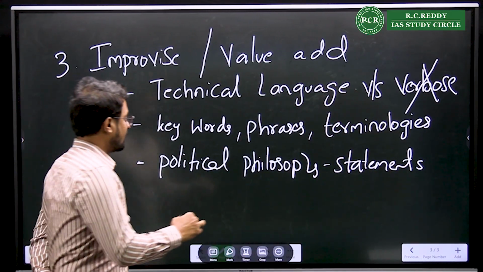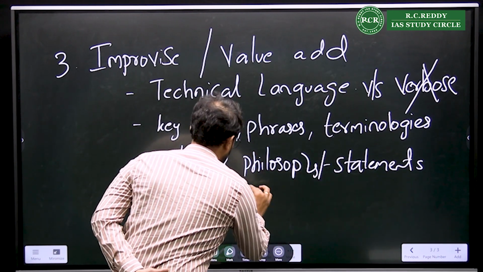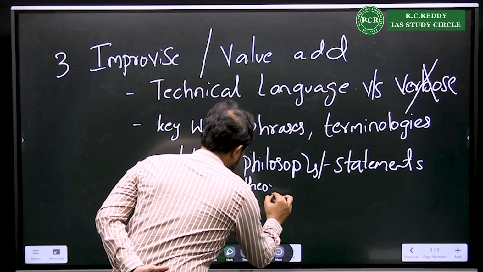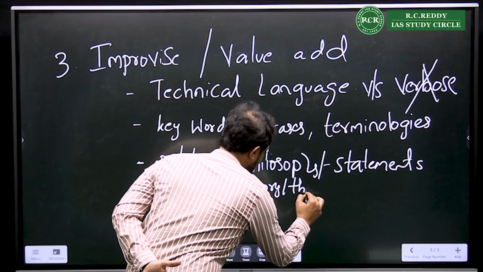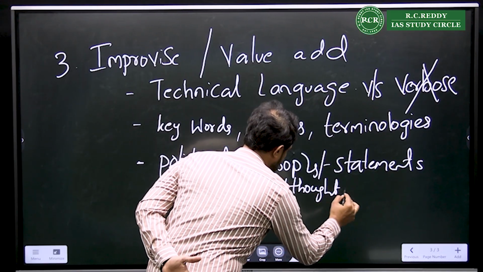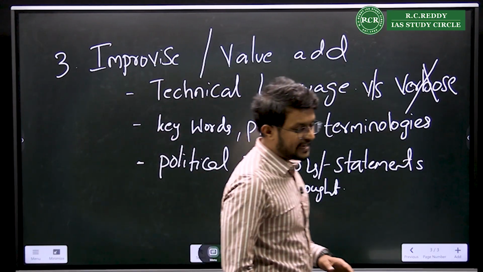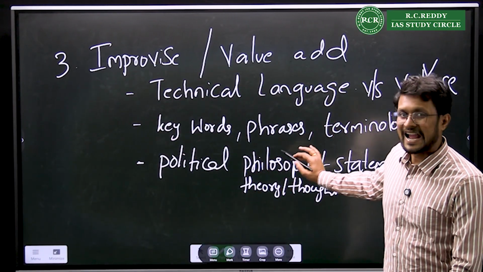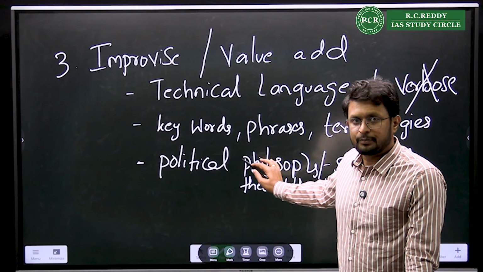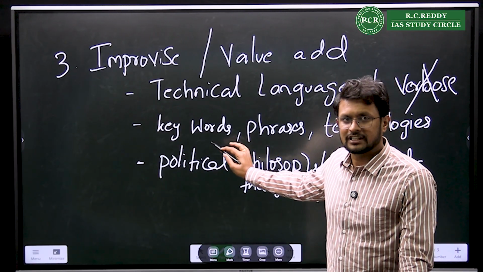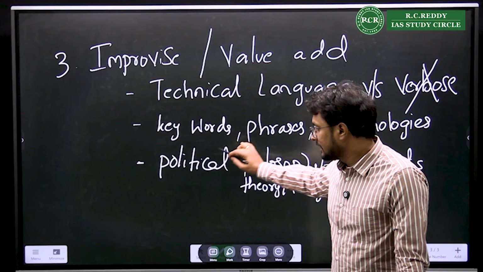right? In fact, even if I say, you know that there is a difference between philosophy, theory and thought, right? So philosophy is an idea, is a political idea, can be utopian or real, given by a political scholar, right?